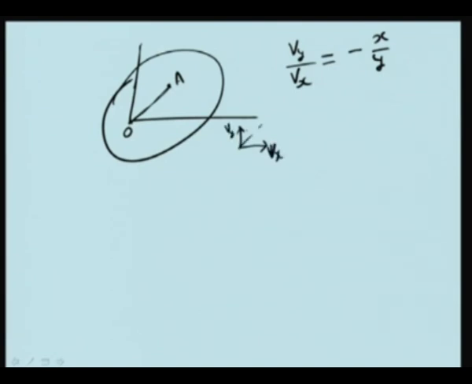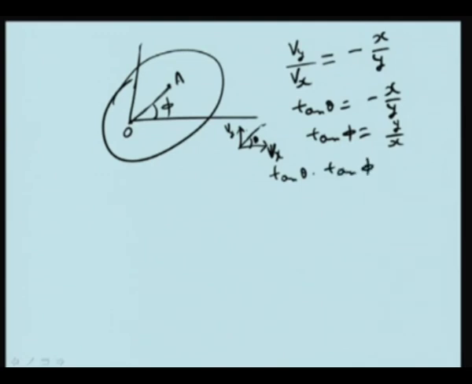Suppose you have a velocity like this, with components Vy and Vx. The velocity is making an angle theta from the x axis. This tan theta is equal to minus x by y. The line joining OA makes an angle phi, so tan phi is equal to y by x. Therefore, tan theta into tan phi is equal to minus 1.